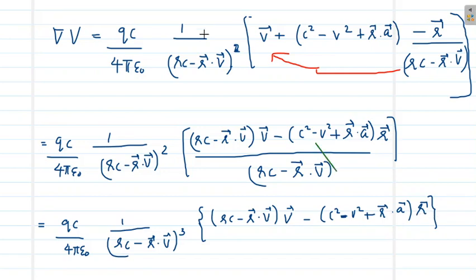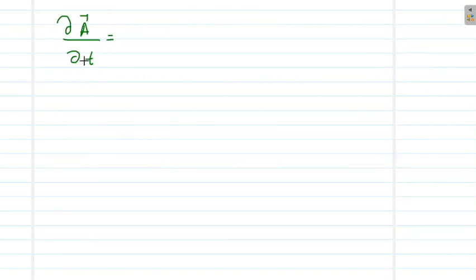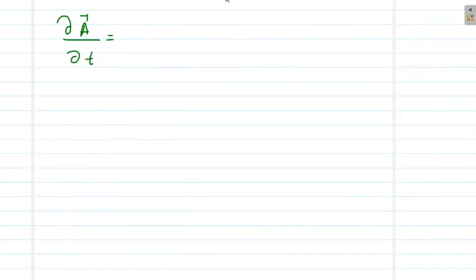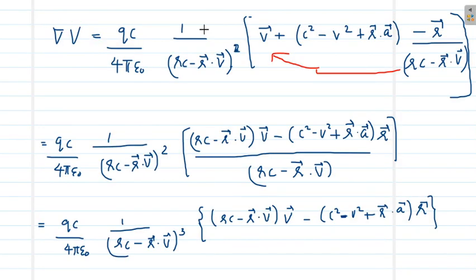You can do it as a separate assignment to find dou a bar by dou t. So let us write the equation for dou a bar by dou t simply from del v itself.